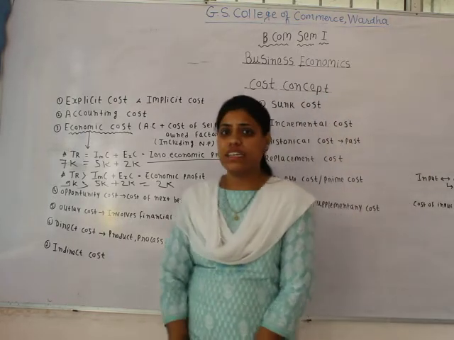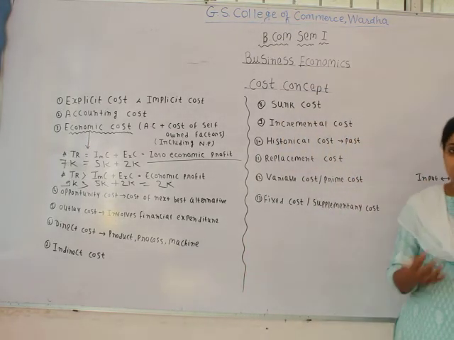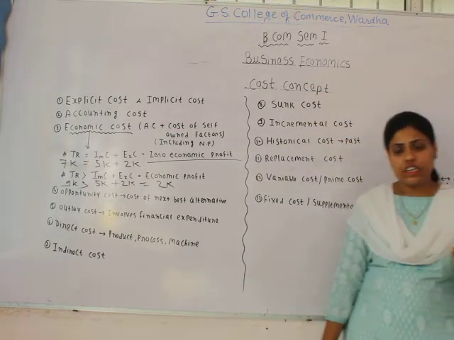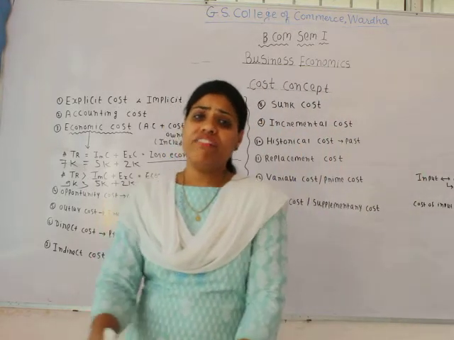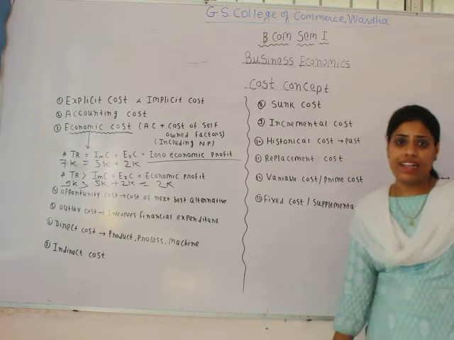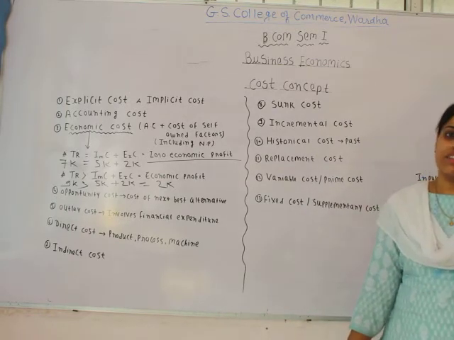Like we have taken the example of capital. Just assume that instead of investing capital in my own business, I had invested somewhere else. I would have got a return on that investment.